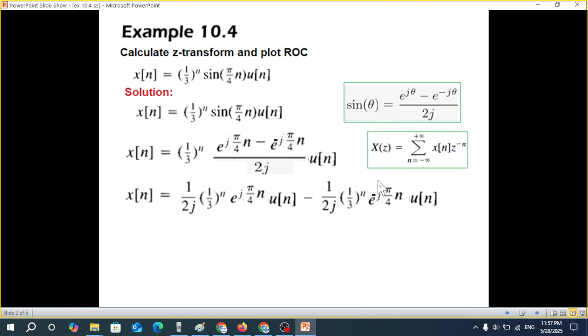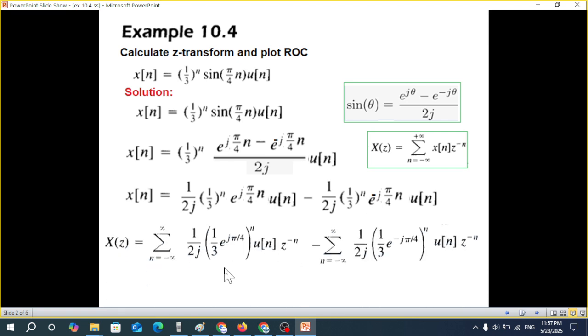And now we'll use this formula to transform into the Z transform. This is the formula. With this signal, we multiply by z to the power minus n, and then we take the summation from minus infinity to plus infinity.